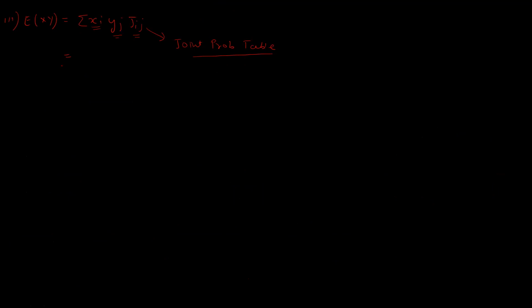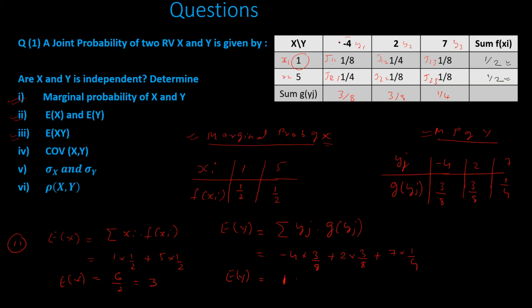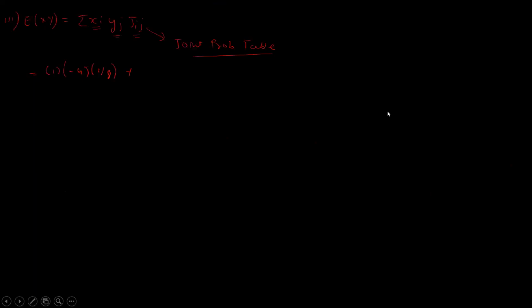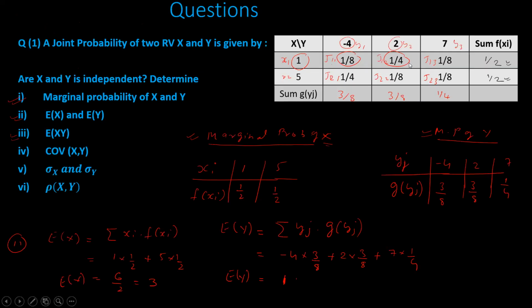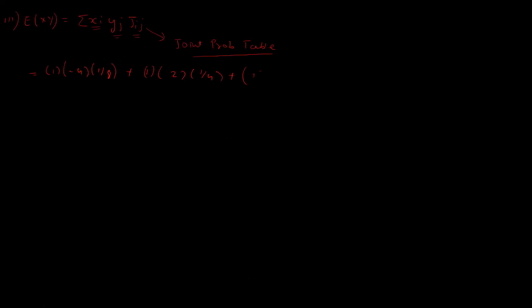We can quickly go back to the table, check what values we have and write them. So we have 1 into minus 4 into 1 by 8 as one value. Plus the next is 1 into 2 into 1 by 4, plus 1 into 7 into 1 by 8.